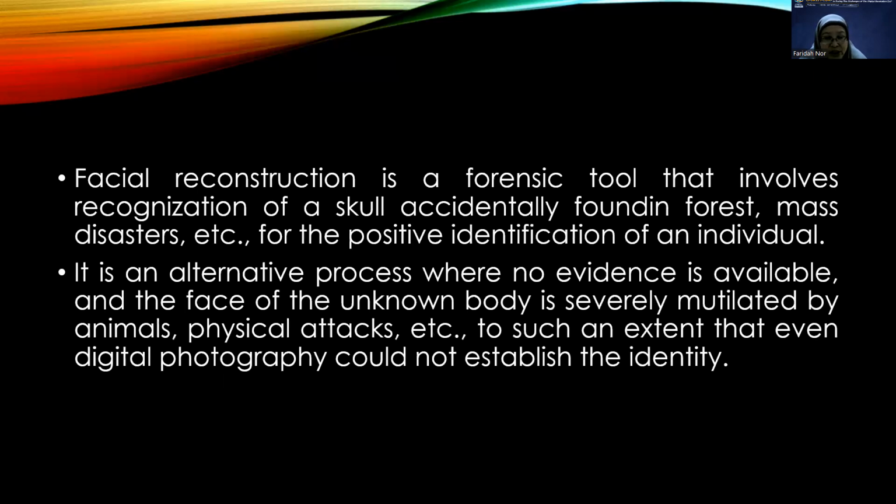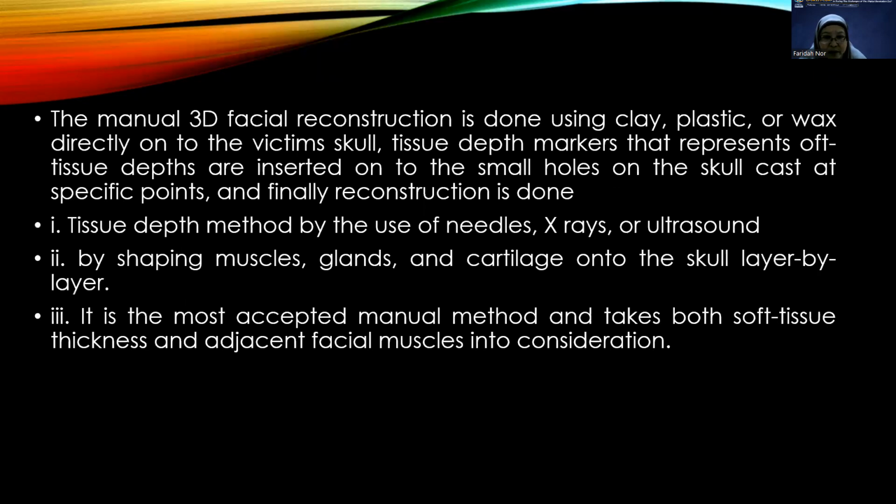Facial reconstruction is a forensic tool that involves the recognition of a skull found in a mass disaster or forest for the positive identification of an individual. Manual 3D reconstruction can be done using clay, plastic, or wax, and the tissue depths are placed on specific points on the skull model.